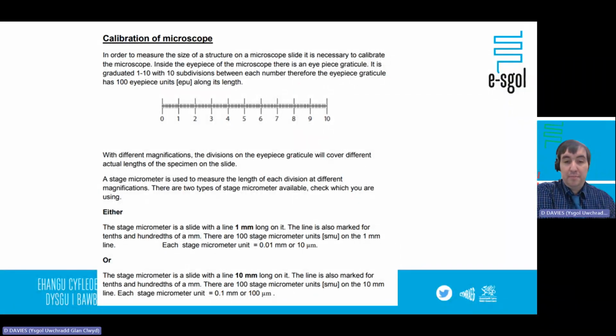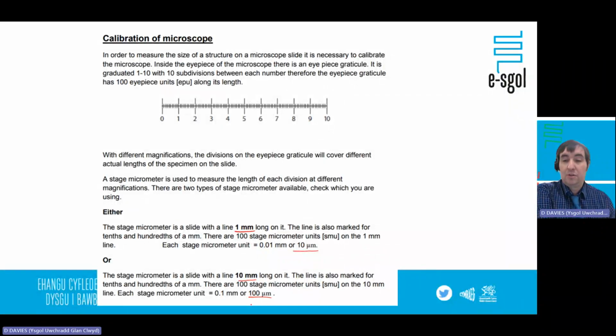If you have a 1 millimeter line divided by 100, each stage micrometer unit is worth 0.01 millimeters or 10 microns. Remember, 1 millimeter equals 1,000 microns. With a stage micrometer of 10 millimeters, it's 10 times longer starting, so it's 10 times longer finishing.